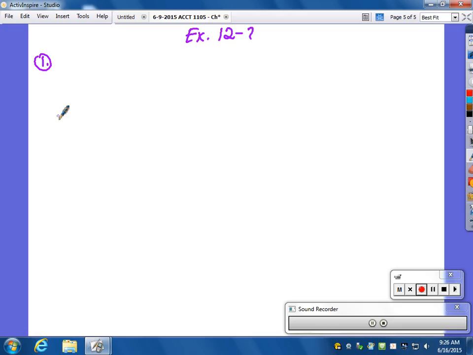So a debit to cash and whose capital? Madison. And for how much?